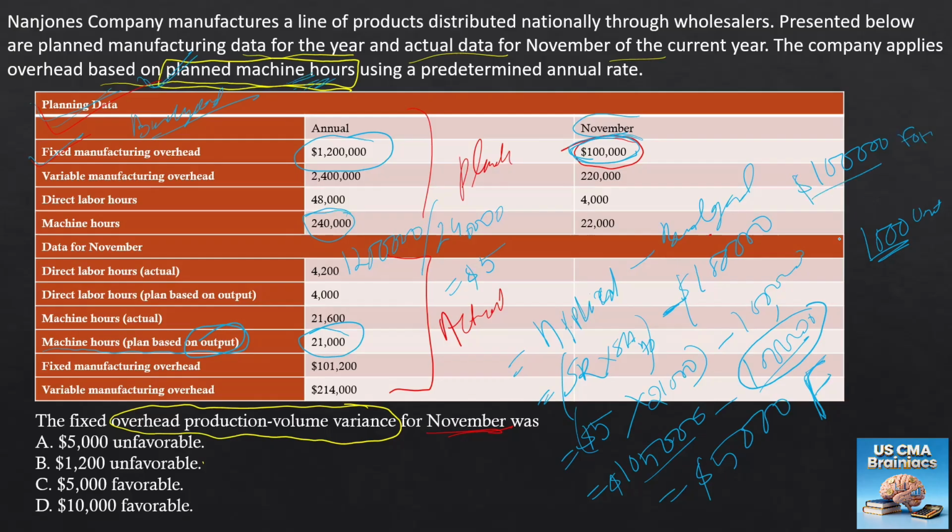So for 10,000 units, what is the fixed cost per unit? That is $10. If we spread the cost over more units, it is favorable to us because the cost is spread more. That's why we are happy.